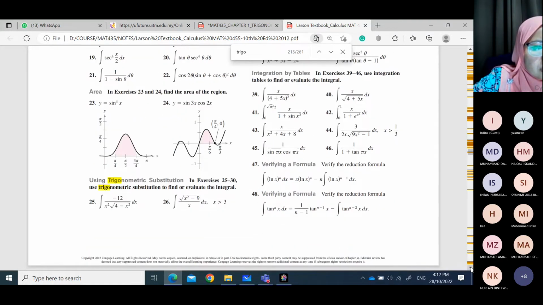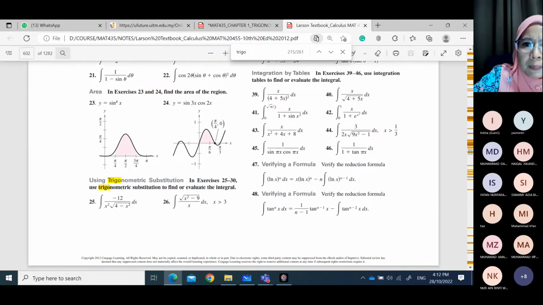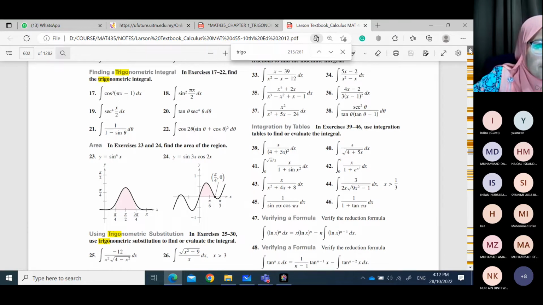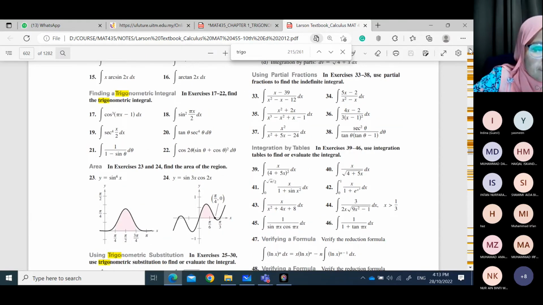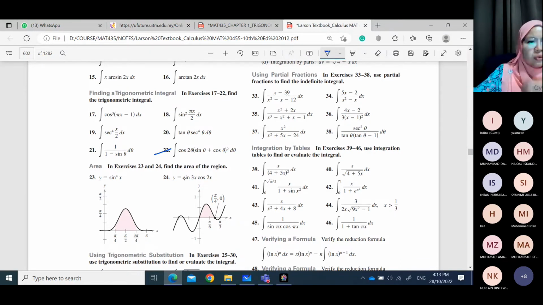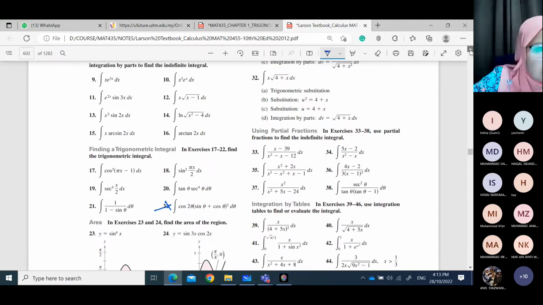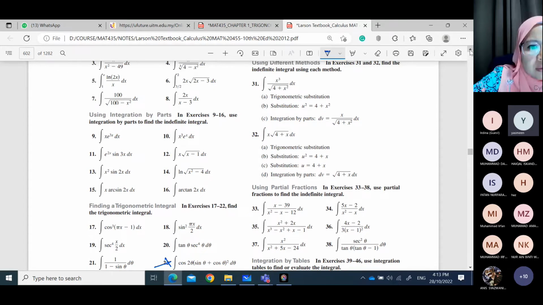Trigonometric substitution. Alright, so kita try number 22. Oh, tak boleh. 22 tak boleh. Ni tak berkaitan. Tengok ada tak yang berkaitan dengan kita punya topik hari ni. Soalan yang susah cari.